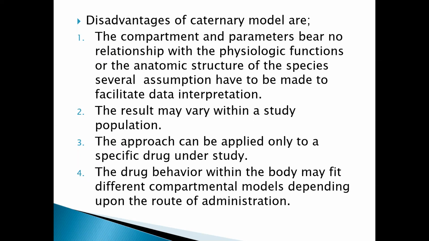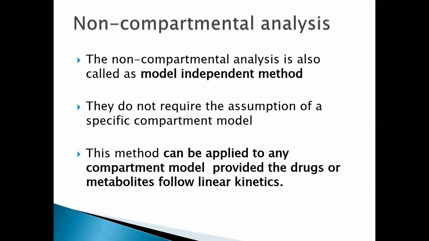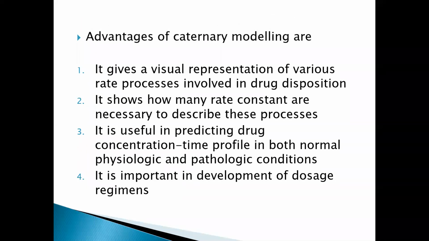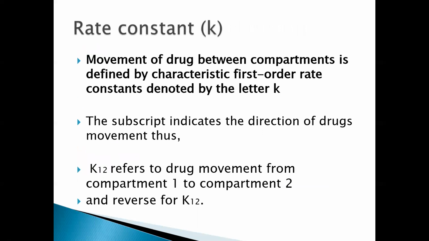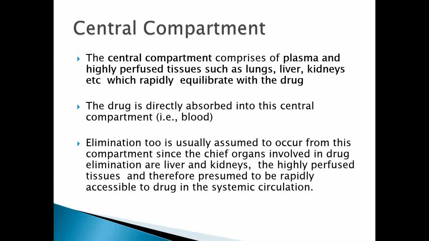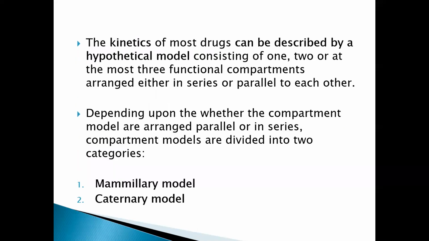The approach can be applied only to a specific drug under study. The drug behavior within the body may fit different compartment models depending on the route of administration. So that's about the catenary model. Earlier we discussed the mammillary model, which is more commonly used.